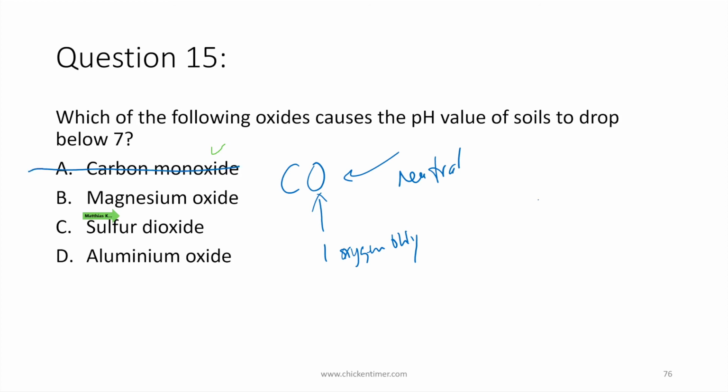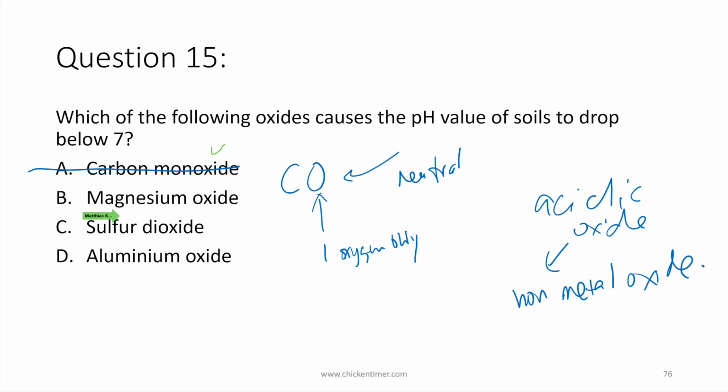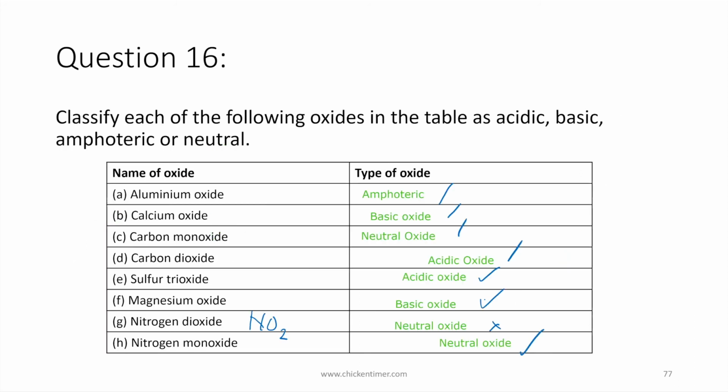So acidic oxides are non-metal oxides. So you have to go to your options, pick the non-metal oxide. Yeah, that's the answer. We will let you fill in. Nitrogen dioxide has more than 1 oxygen. So it cannot be a neutral oxide. It must be acidic.